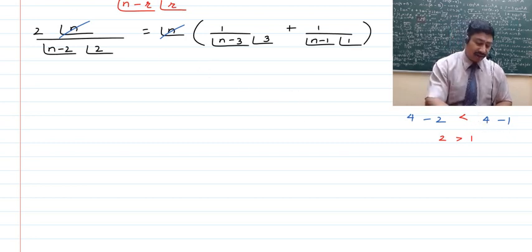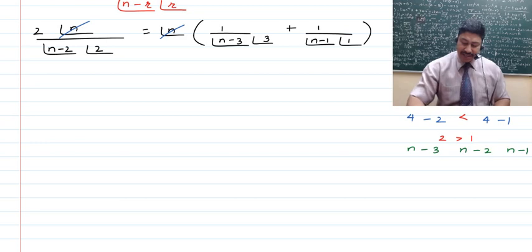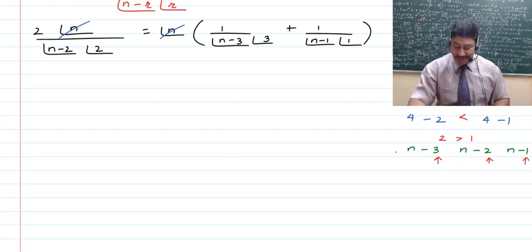Similarly, children, if we talk about n minus 3, n minus 2, and n minus 1, we get to see that 3 here is the largest, 2 is lesser, and 1 is the least. So when we subtract a larger number, we expect the number to be lesser.